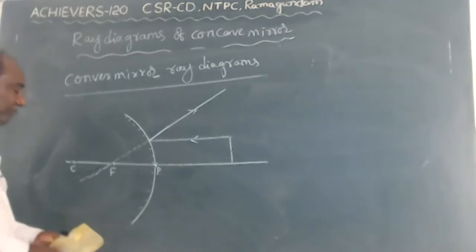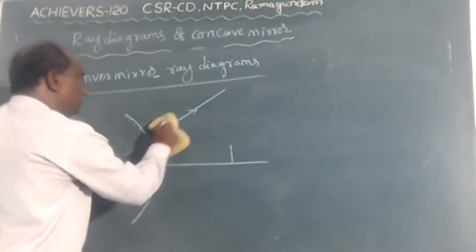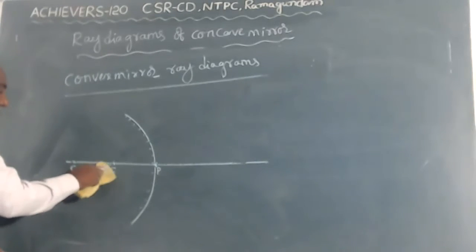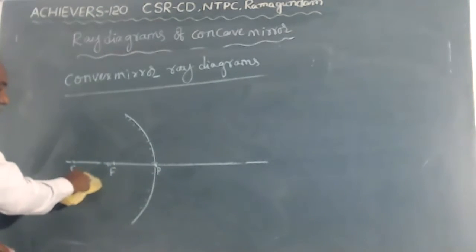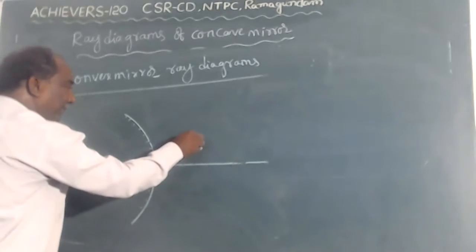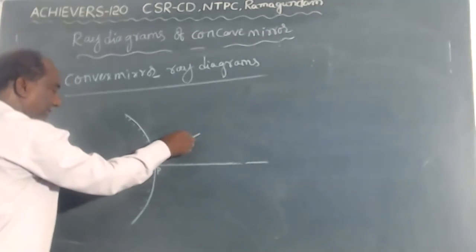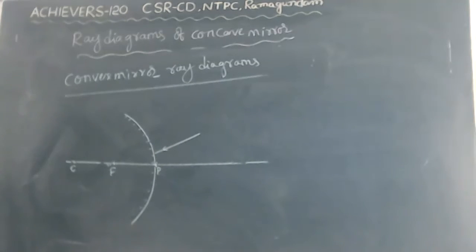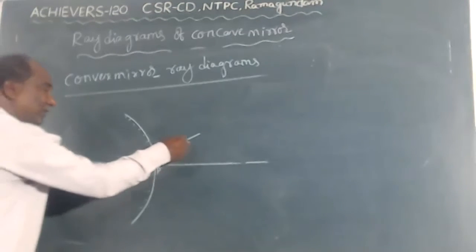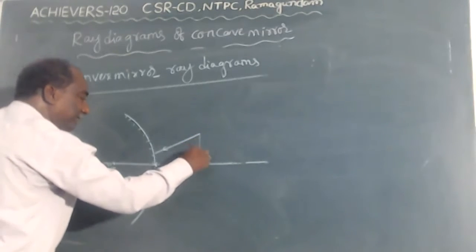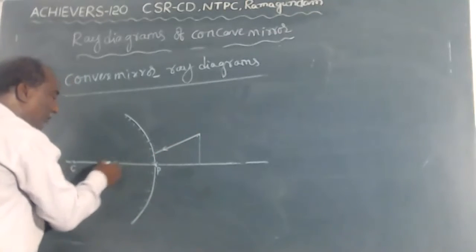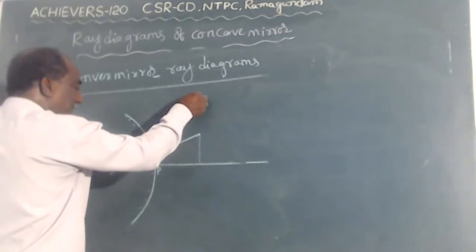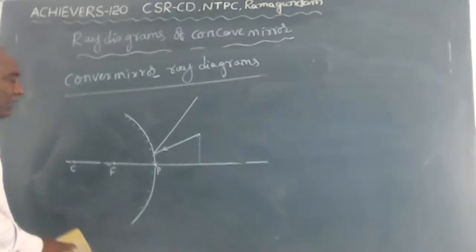And the second one, for example, when an incident ray comes from the object, the direction is moved towards the mirror.